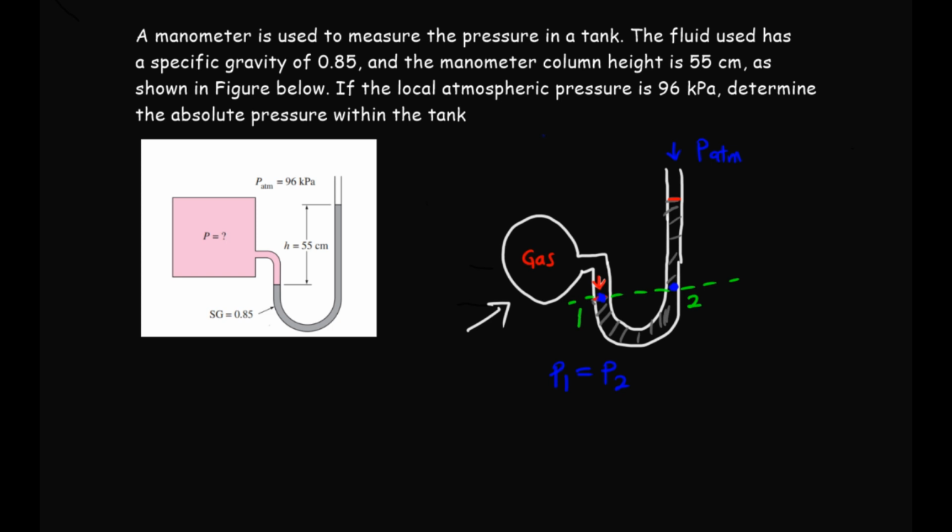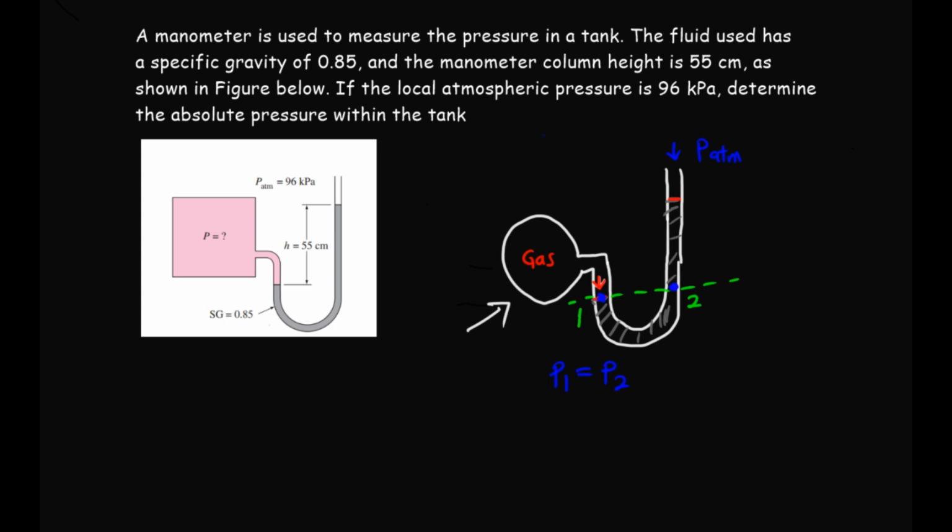You know that pressure at point 1 equals pressure at point 2, and the pressure at point 1 equals the pressure in the gas container, the pressure being exerted by the gas molecules. So when you're able to find P2, then we have found P1. So let's look at how you are going to do this.